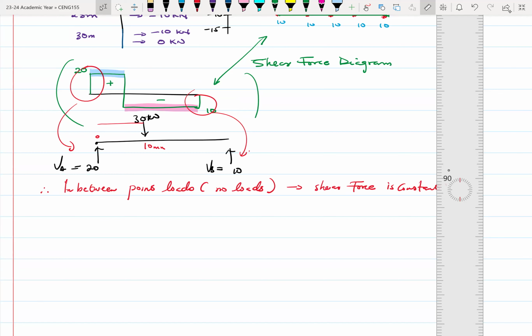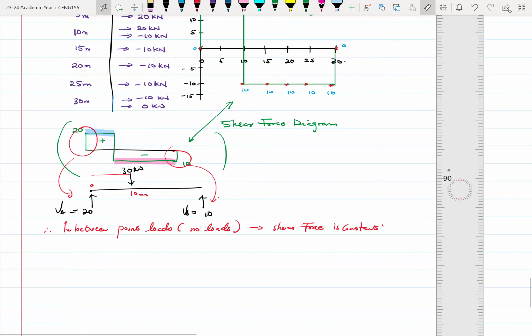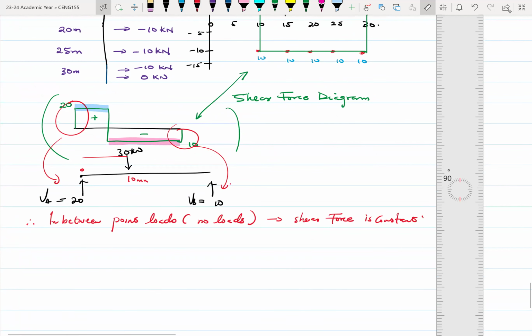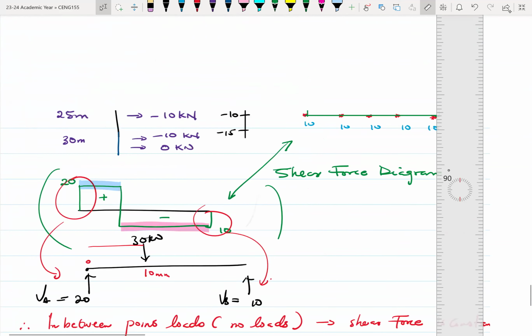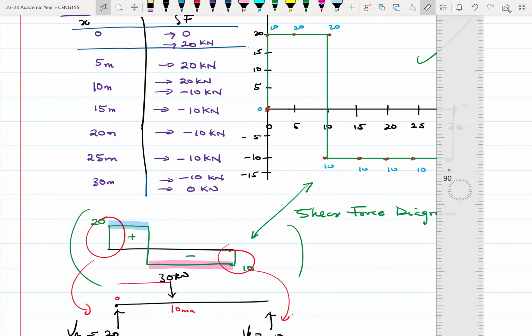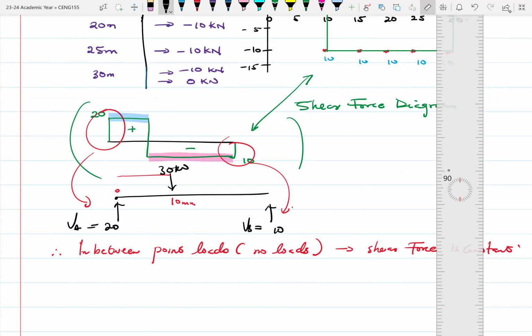Okay, so let me go over what I was saying before the break again. If you look at our section, between the support reaction at A, which is the 20 kilonewton load, and the load acting on the beam, the 30 kN load, there's no load between these two point loads.